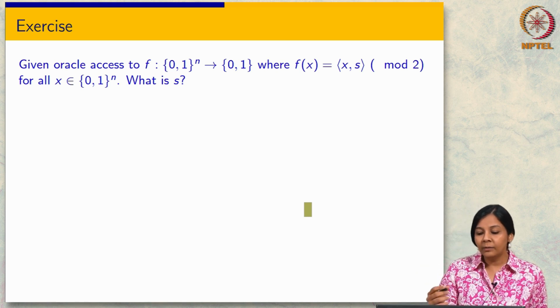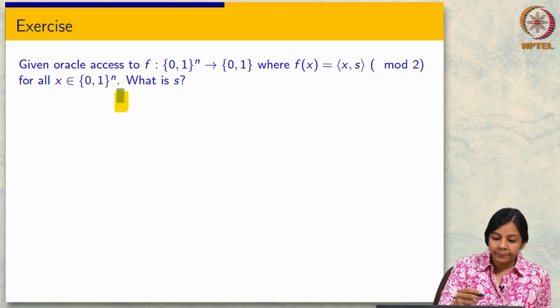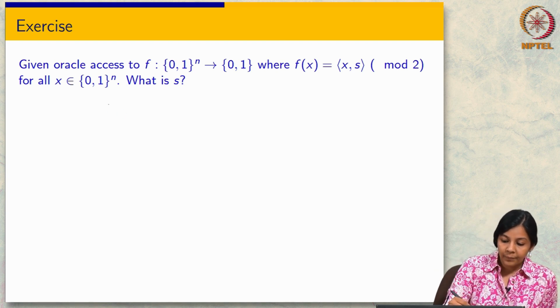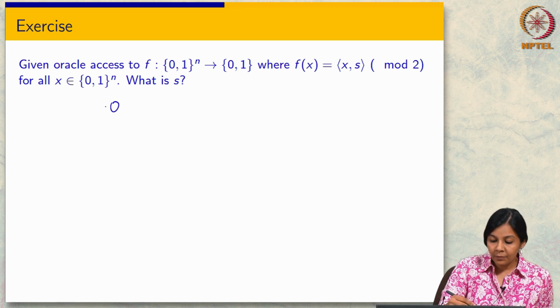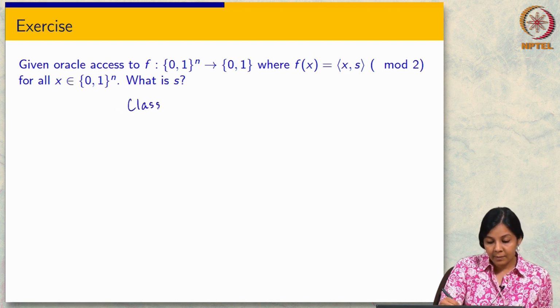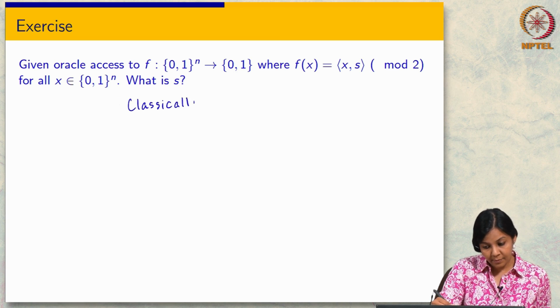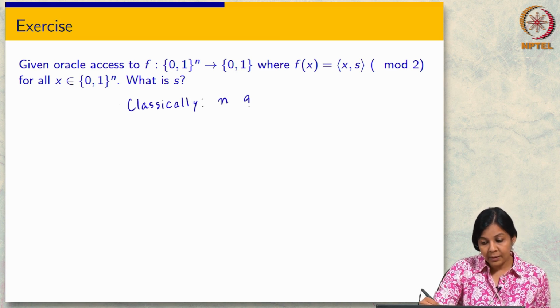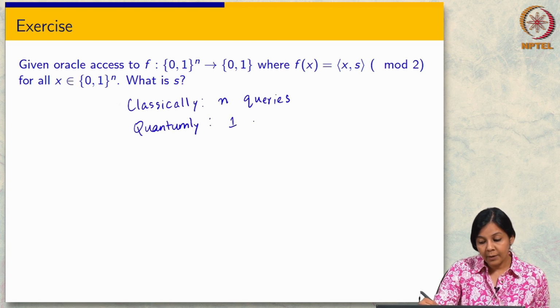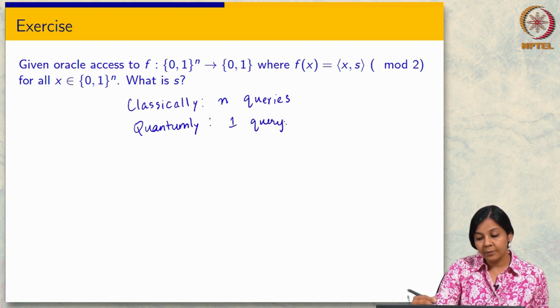So here quantumly we will use one query. Classically we need n queries, and quantumly we will make do simply with one query.